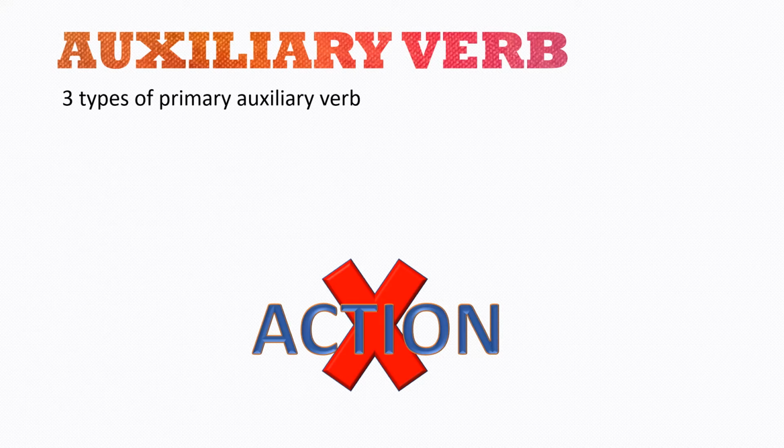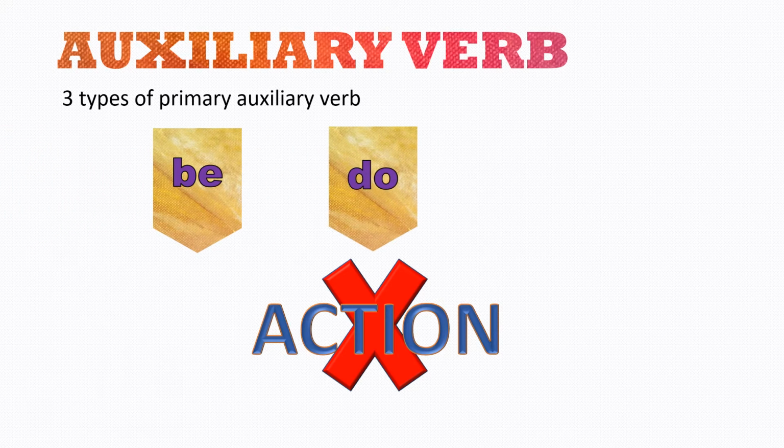There are three primary auxiliary verbs in English, and they are be, do, and have. Auxiliary verbs come before the main verbs. They are used to form a question, negative sentence, progressive sentence, and passive sentence.